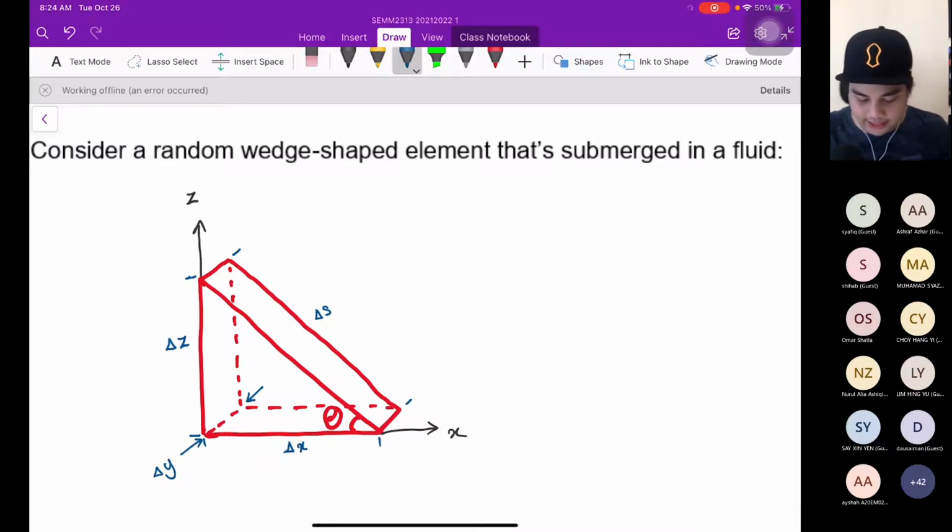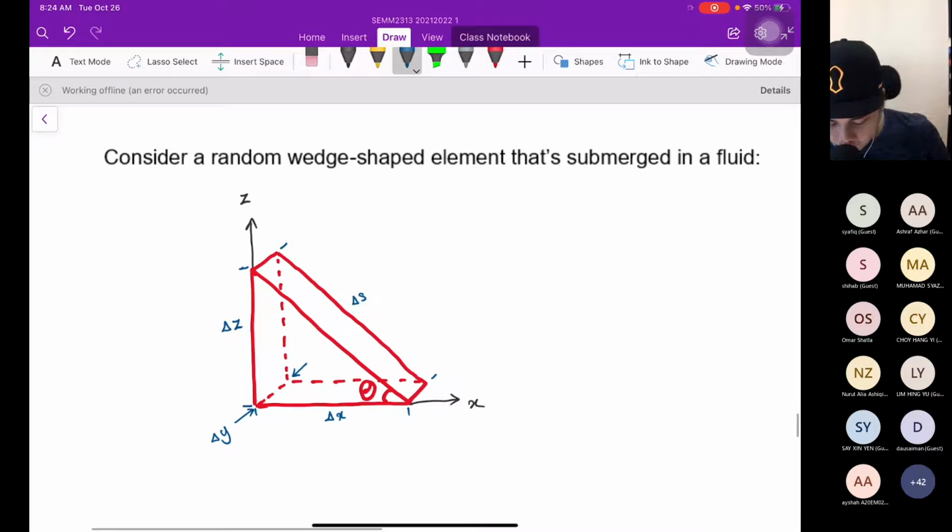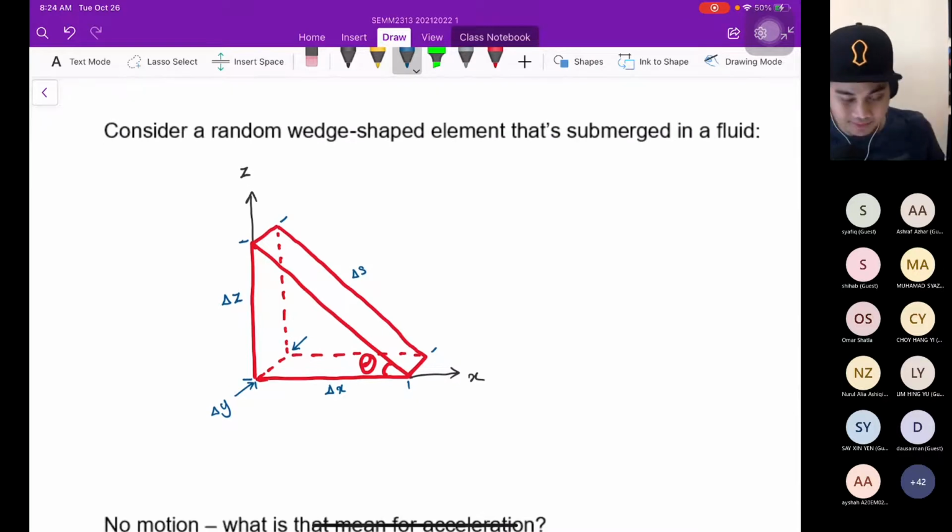So, let's assume this wedge-shaped element is inside water, let's say inside a beaker. What do you think the force will exert on this element? Remember, we have the normal force, right?